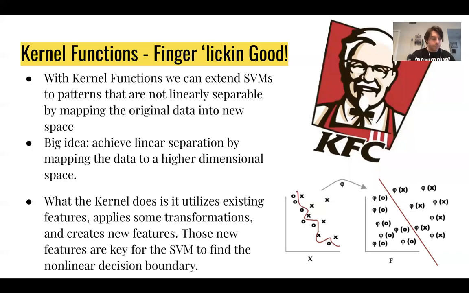Kernel functions is the idea that we can extend our feature space. I'm just going to throw up the topic. You're probably not going to get it, and that's okay. I'm going to give you an example that hopefully will make it very intuitive.